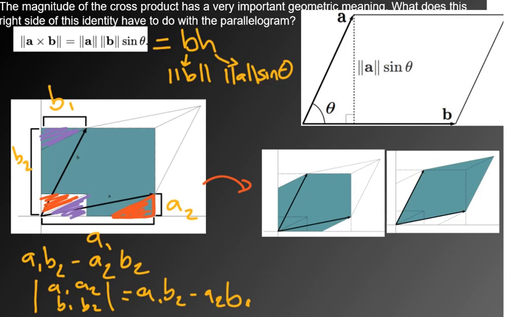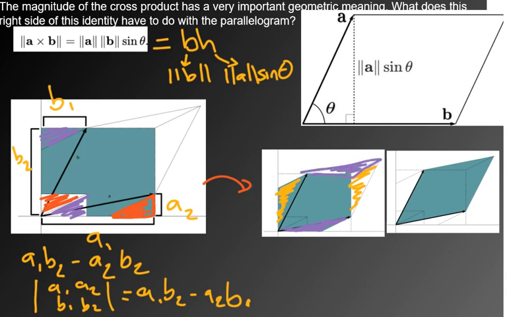Then if I take, we'll do this color, if I take that region and that region, they're the same. And if I take that weird triangular region and that triangular region, they're actually the same.